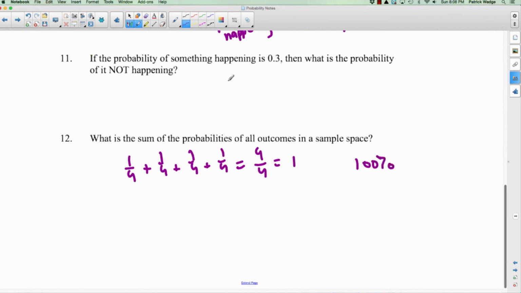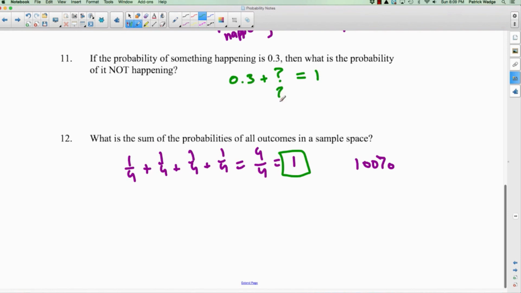So with that in mind, if the probability of something happening is 0.3, what's the probability of it not happening? Remember, it always has to add up to 1. So if the probability of it happening is 0.3, then it has to be 0.3 plus something, and it has to equal 1. Hey, we could use a little algebra here. Why don't we subtract 0.3 from both sides?